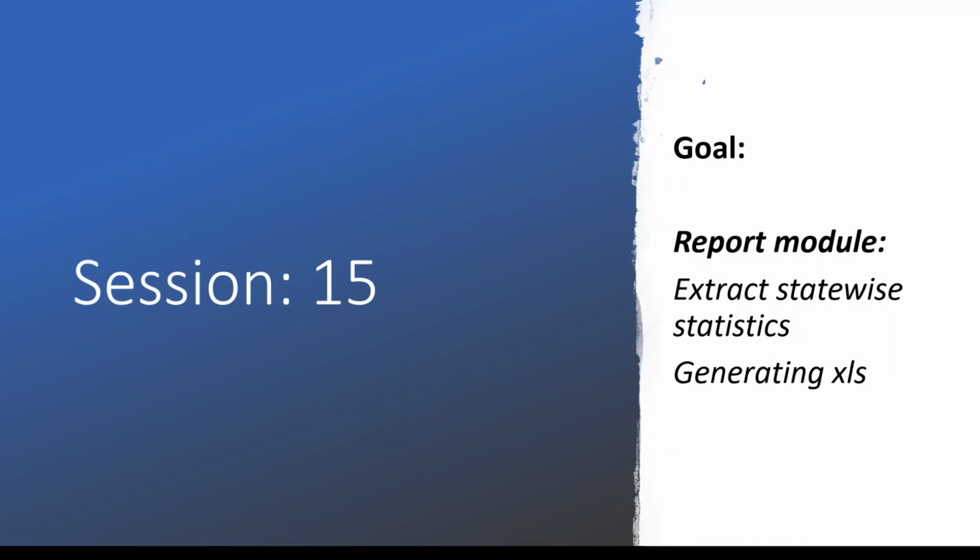In the reporting module, what we'll focus on is extracting the statewide statistics from the COVID API that we had written a requests code for. We now have a dictionary containing all the data coming from the API. So now we will further filter it and calculate only the total number of active cases as an example.